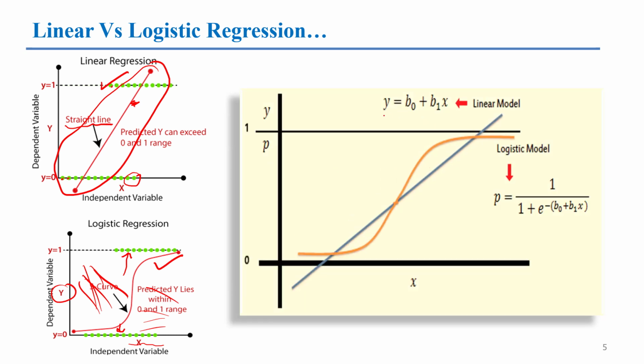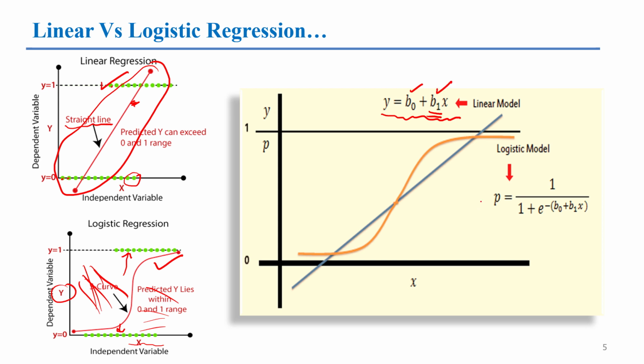Okay, so as we know, the function of this linear line is y equals beta naught plus beta 1 into x1. Here beta naught is the intercept, the value of y where the line crosses the y-axis. Okay, and for each value of x, how much y is going to increase or decrease is based on the slope.